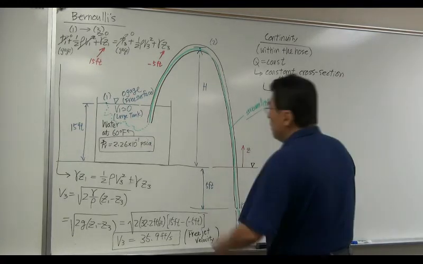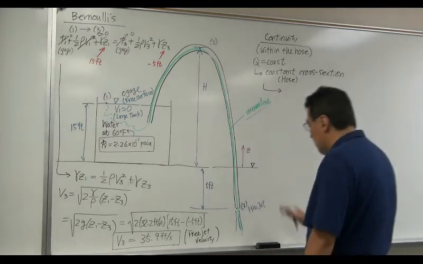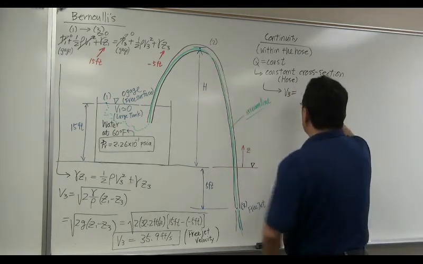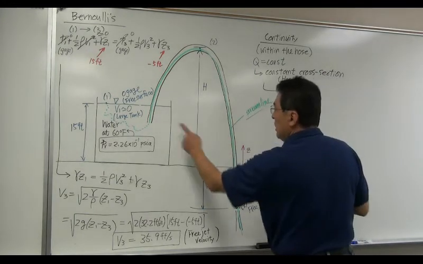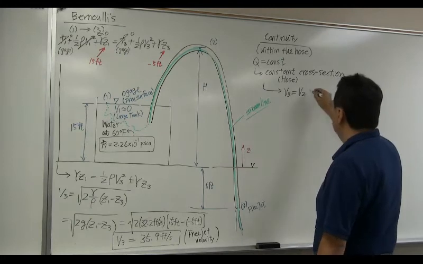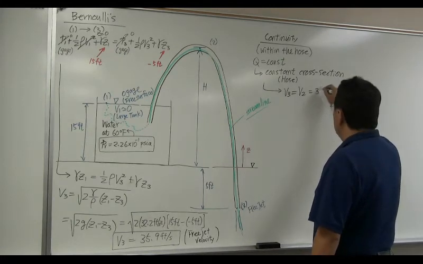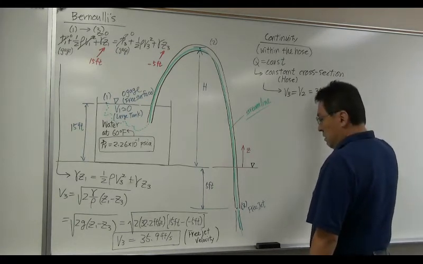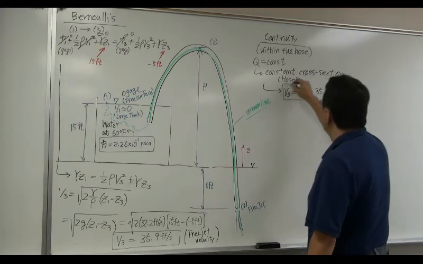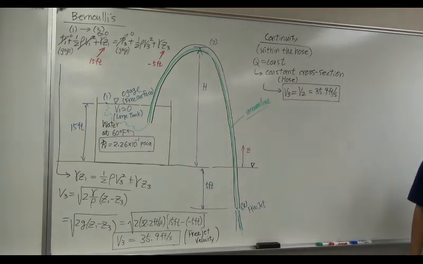So that means velocity everywhere is constant. So once you find V3, the velocity here is also the same, and velocity anywhere within the hose is the same. V3 equals V2, which is 35.9 feet per second. Okay? So continuity tells you that.